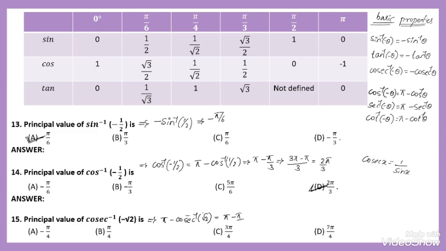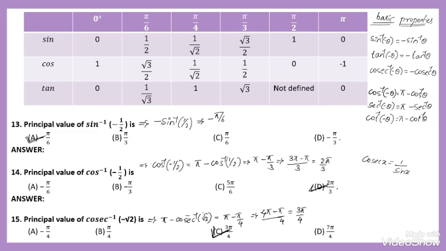Pi minus pi by 4, I can take the LCM 4: 4 pi minus pi by 4, that is 3 pi by 4. The option number 3 is correct.